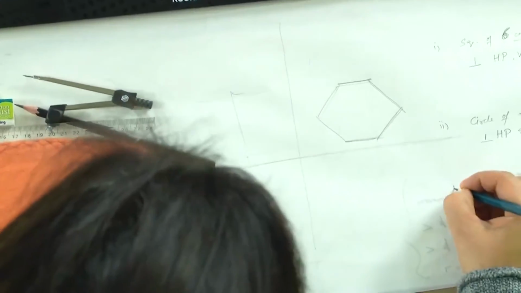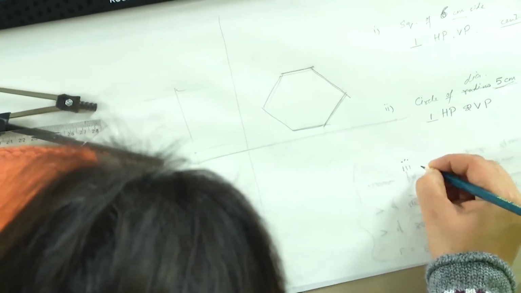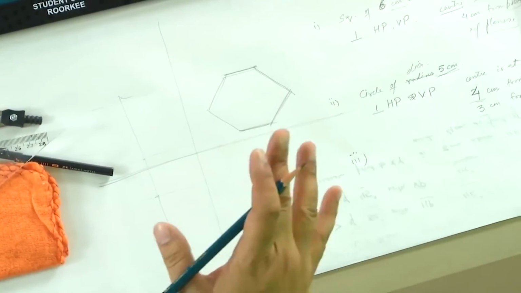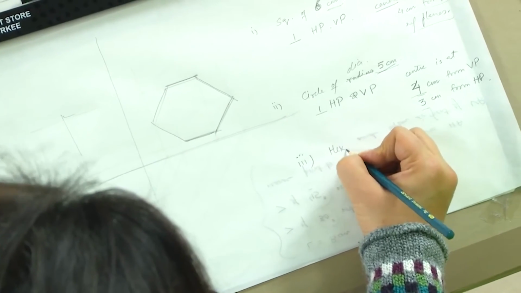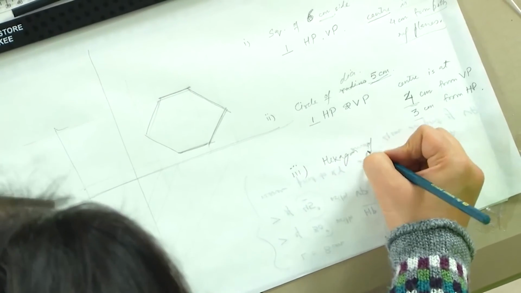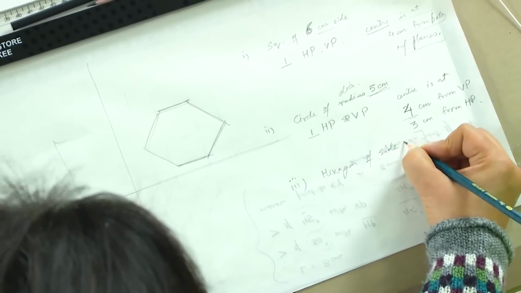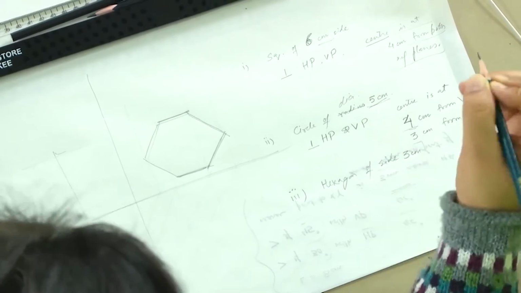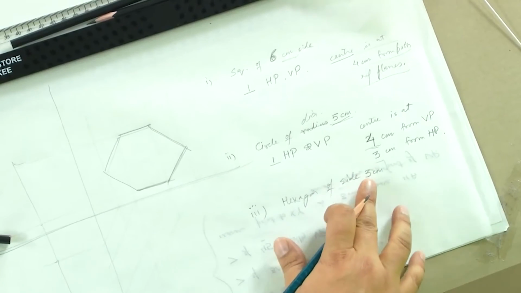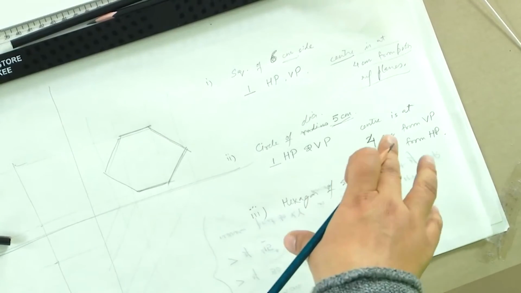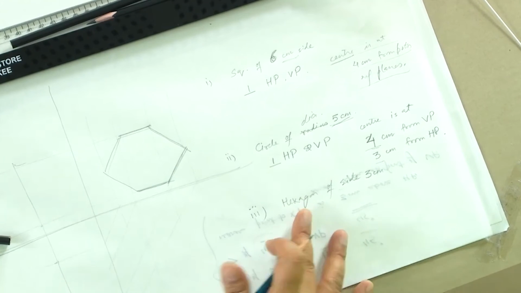So, I will give you the question which you can practice. This is not the tutorial, this is just for your understanding. So, we have a hexagon of side 3 centimeter. Now, how do you draw a hexagon of side 3 centimeter? You have to know that first. So, that is where we learnt about the basic construction.